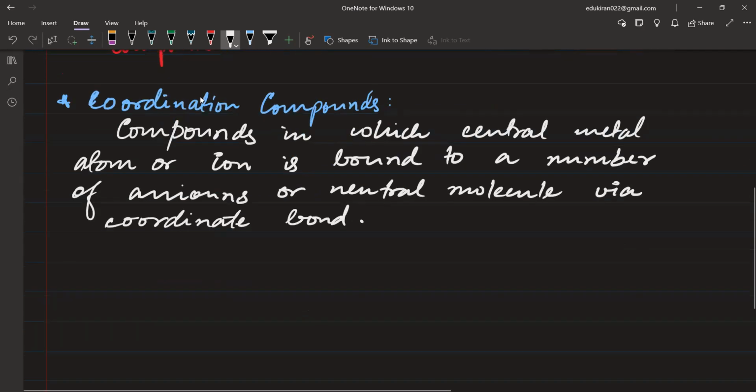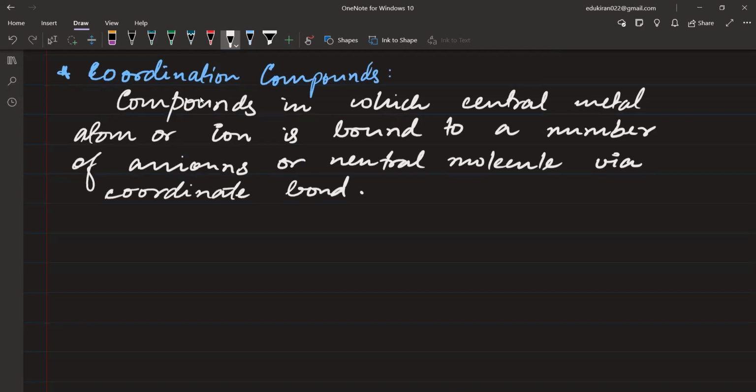Right, next. The coordination sphere. The coordination sphere is also known as coordination entity.